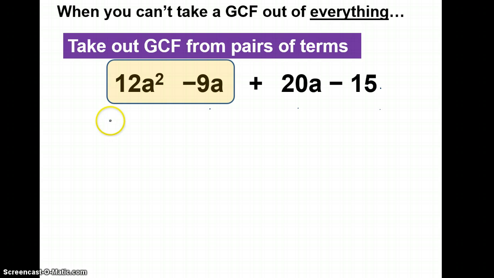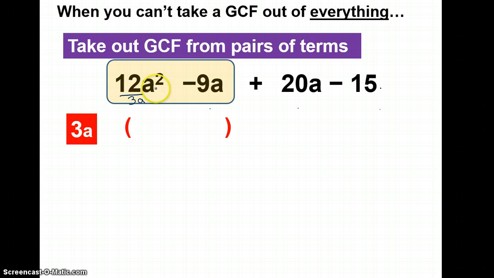Well, I see that they're both multiples of 3, right? 3 times 4, 3 times 3. And they both have an A in common, so I can take out a 3A. Now, if I do that, what would I be left over here? Hopefully you don't need to do this intermediate step anymore, but I'm going to do this just in case you forgot. So if I divide, 3 goes into 12 how many times?